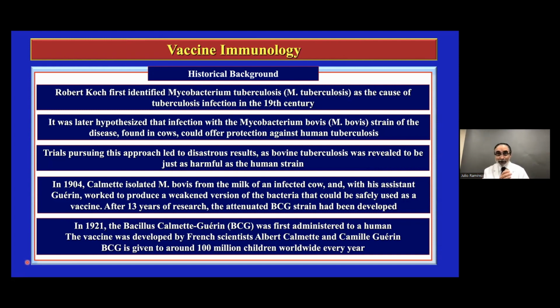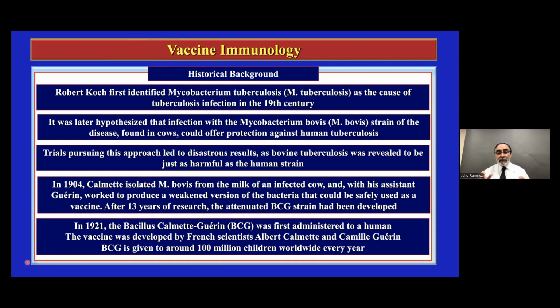Before, it was totally unknown. Then by 1921, the first human is injected, and we have the BCG. And even today, it is estimated that 100 to 120 million children every year get the BCG. It is one of the most widely used vaccines.